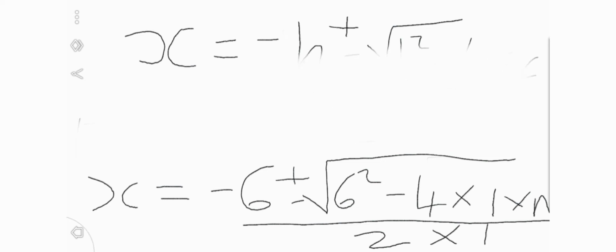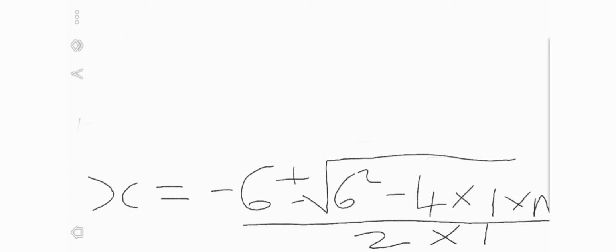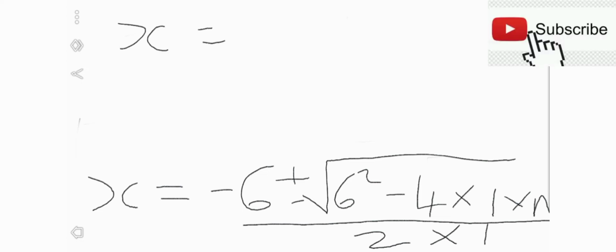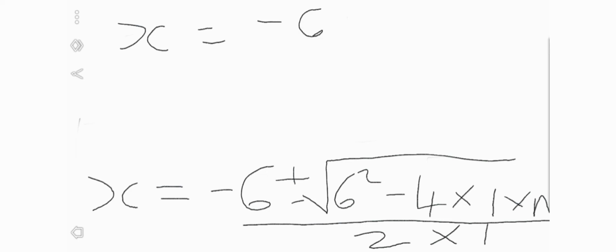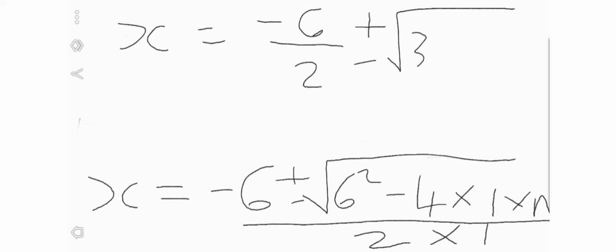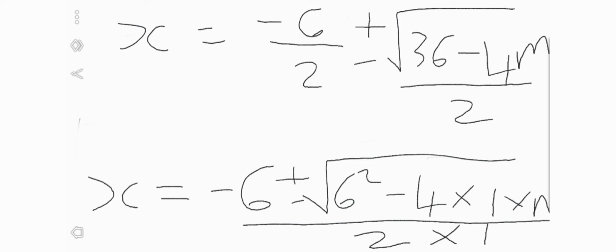Okay, so with that, our s is equal to minus 6. Remember, this division is dividing everything by 2, so bring it to this point here: 2 plus or minus the root of 6 squared, which gives us 36, minus 4 times 1, which is 4, times m is 4m, over 2 times 1, which is still 2.